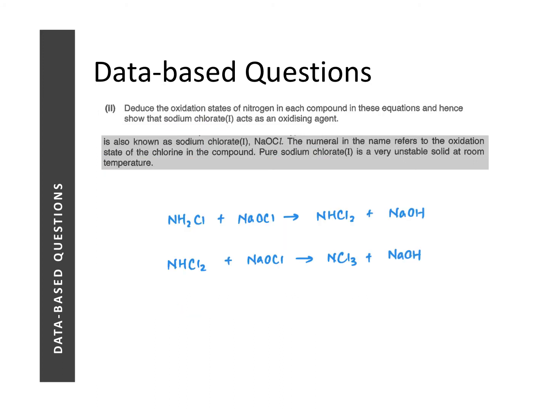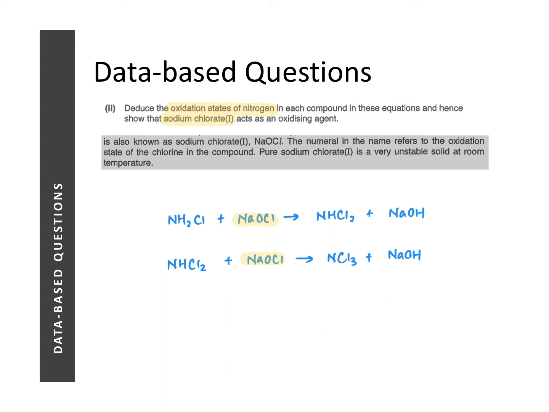In the next part, the question requires you to find the oxidation states of nitrogen in each compound in the equations that we have just written, and show that sodium chlorate(I) acts as an oxidizing agent. So this is your sodium chlorate(I).